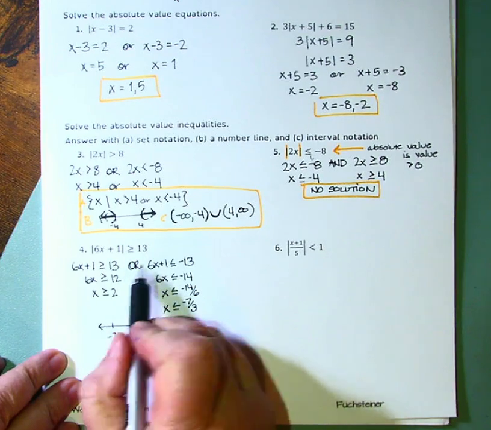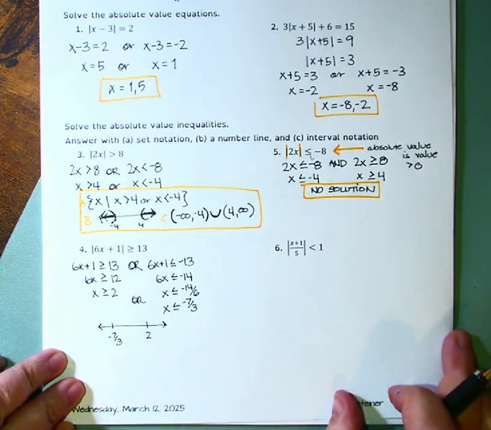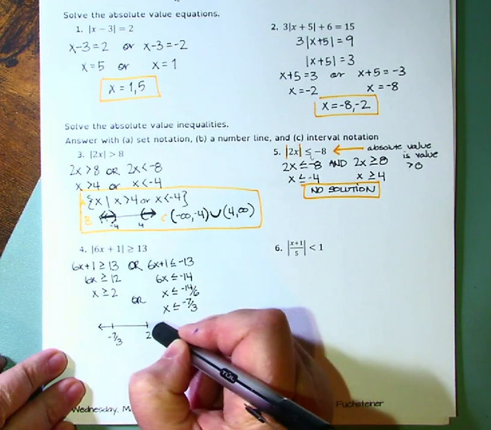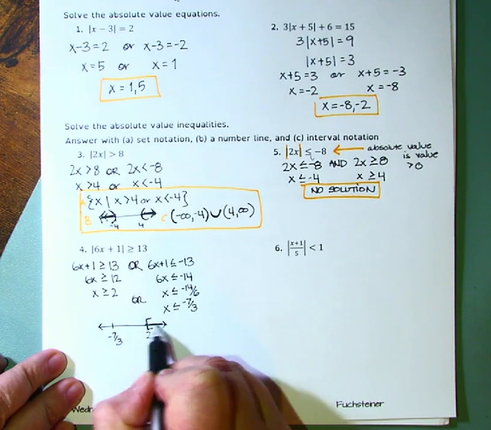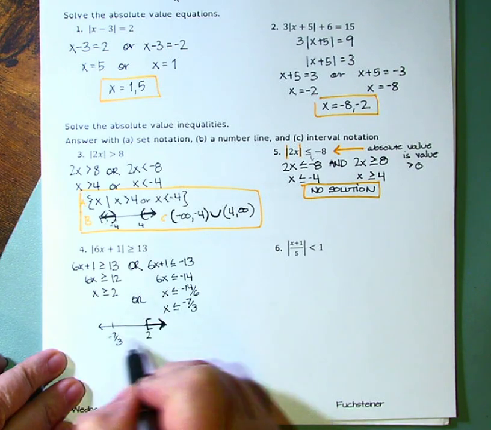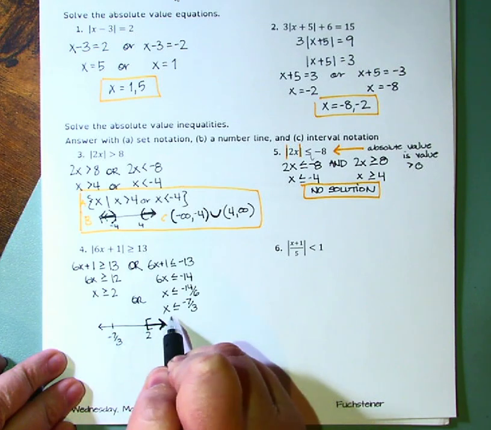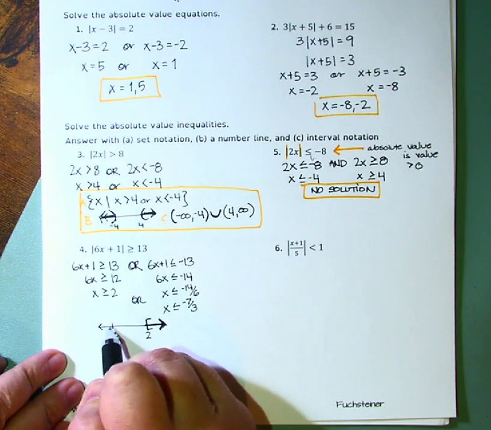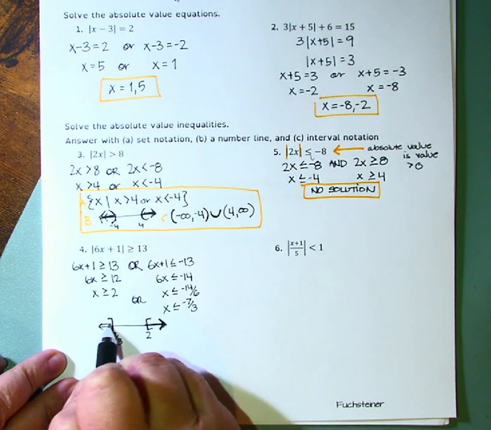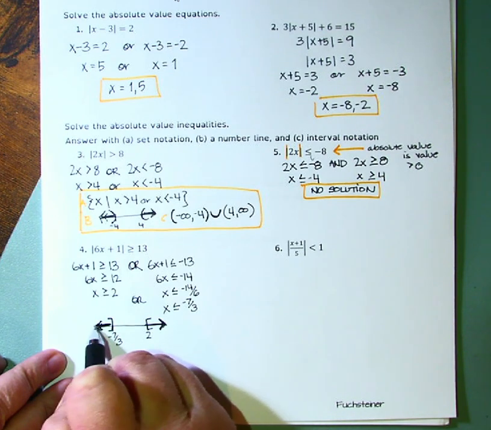And this is an OR problem, so it's going to give me wings. X is greater than or equal to 2. That's a square bracket or a filled in circle, whichever way you prefer, and everything bigger. The other one is less than or equal to negative 7/3. So on negative 7/3, that's a filled in circle, and everything less than or to the left.